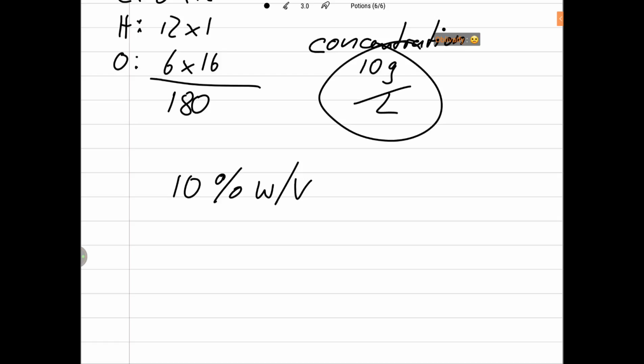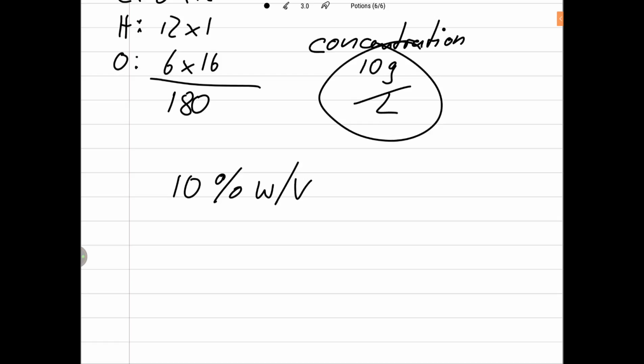Well, what does percent mean? Out of 100. Per, out, centum, 100.